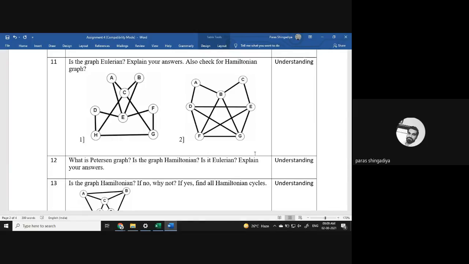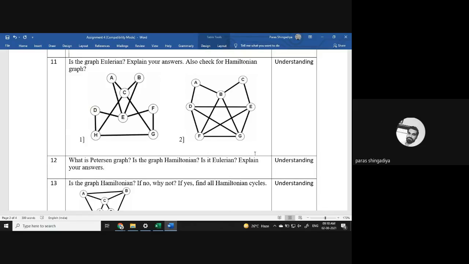Is it true? Okay, so let's discuss 12 and 13 first, and then we'll finish this assignment in today's lab.